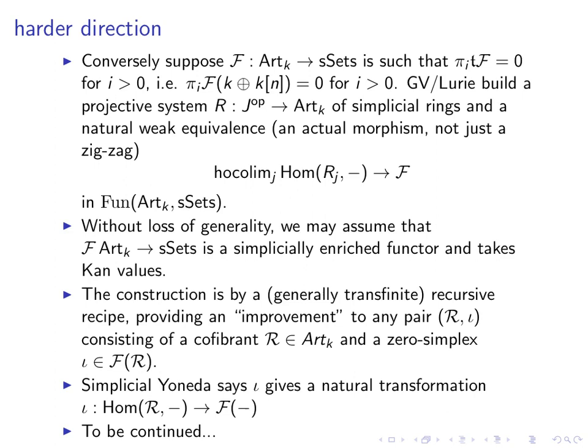In other words, the homotopy groups of the spectrum vanish for i greater than 0. So Galatius and Venkatesh, or Lurie, build a projective system of simplicial Artin rings, I should say, and a natural weak equivalence between the homotopy colimit of those representable functors and our original functor F.